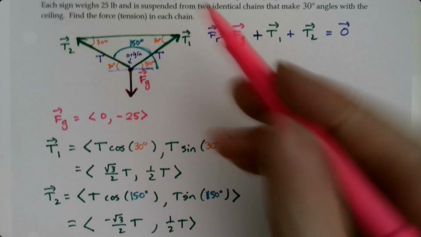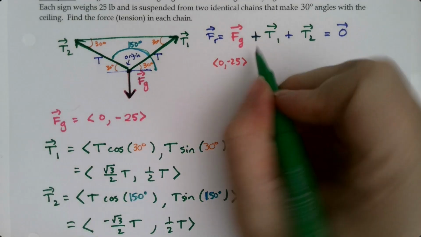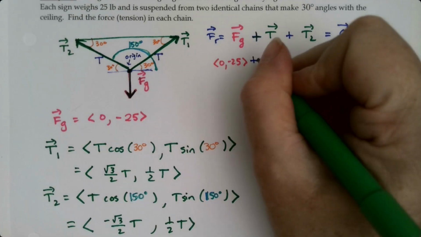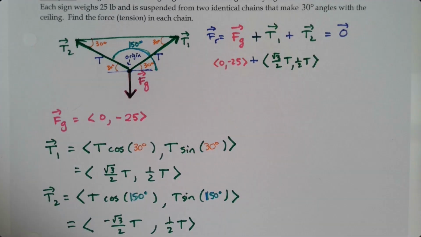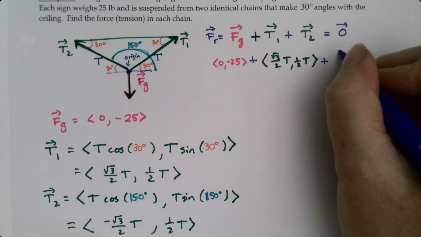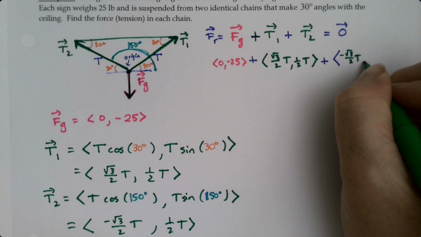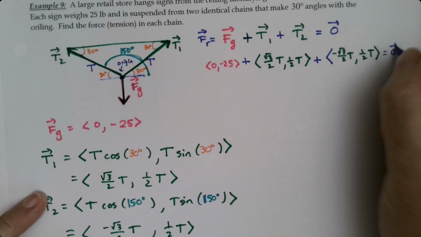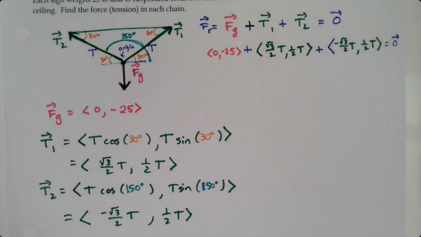Okay, so 0, negative 25, plus the square root of 3 over 2 T, 1/2 T, plus the negative square root of 3 over 2 T, and 1/2 T. And it has to be equal to the 0 vector. So each component has to be equal to 0. So think what the 0 vector is. It means that, and let me just segment that off because that's side work.